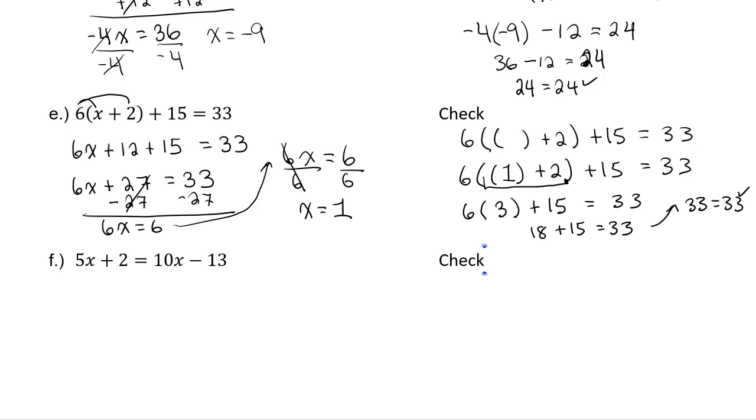Okay, so looking at F, there are no items that we can combine on each side of the equal sign because there are no like terms. So that means we need to look immediately to see if there are like terms we can combine across the equal sign.